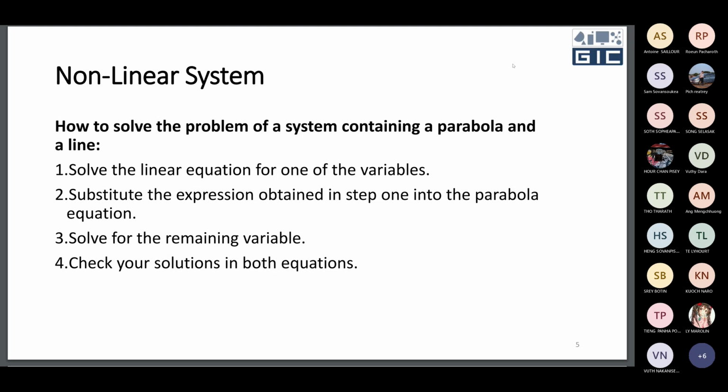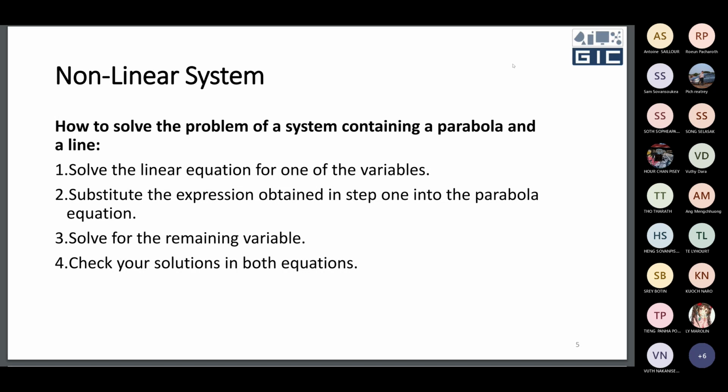If you have two variables, you need two equations to solve. If you have three variables, you have to have three equations to solve. Otherwise, you cannot find the solutions, or you only find one portion of the solution, not all solutions. So first, we solve one variable in terms of the other variable.